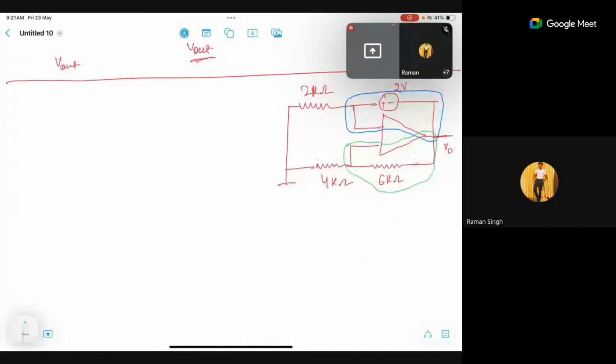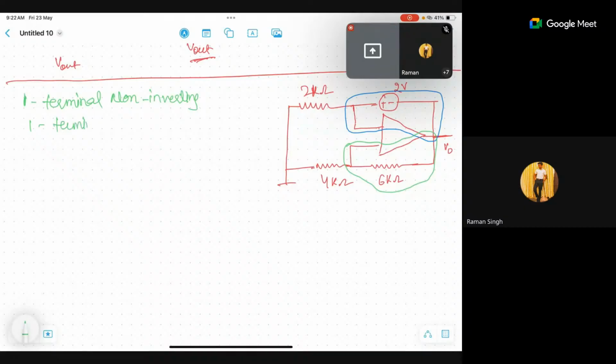Now we know that one terminal is non-inverting, and one terminal is inverting. Okay, so which terminal is inverting and which terminal is non-inverting?